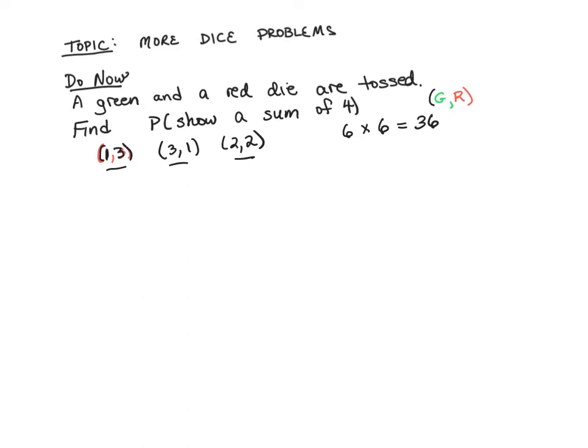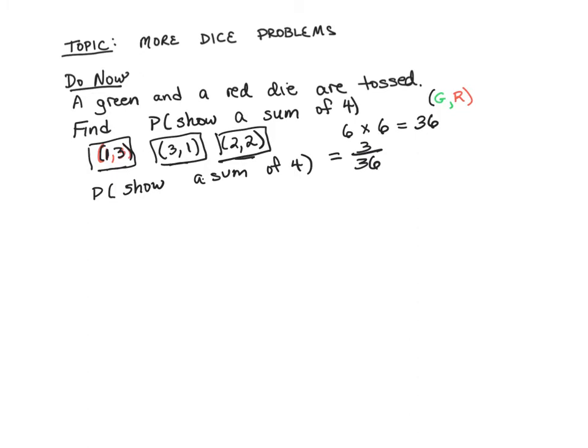So the probability that they show a sum of 4 is 3 out of 36. Okay, notice that each of these outcomes is equally likely. The probability of each of these outcomes is 1 out of 36. However, the probability of a sum is not equally likely.